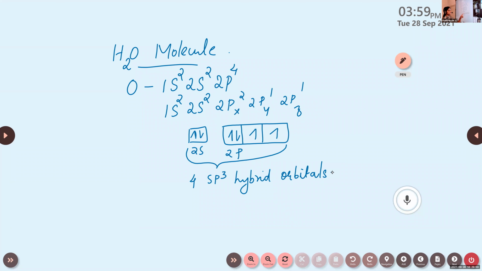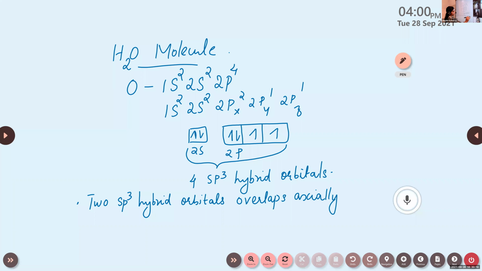Among these 4 sp3 hybrid orbitals, 2 sp3 hybrid orbitals overlap axially with the hydrogen atoms to form sigma bonds.